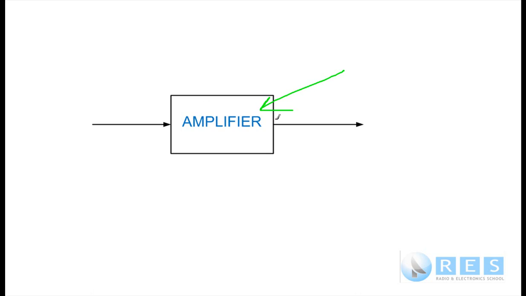It might have IF amplifier, which is an intermediate frequency amplifier. It might have mic amplifier, which is an audio amplifier for the microphone. It might have AF amplifier, which is an audio amplifier for the speaker in a receiver. Or it might just have RF amplifier, meaning it's an amplifier designed to amplify radio frequencies only.